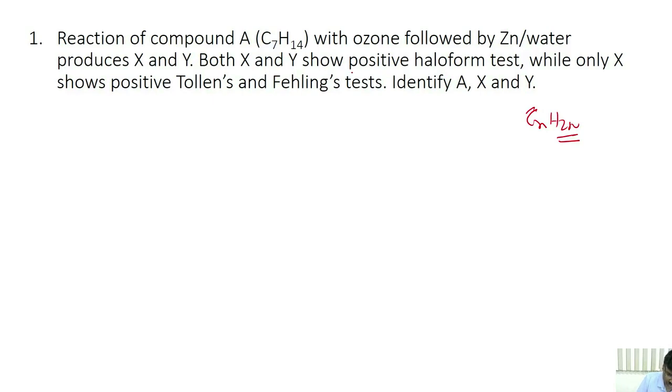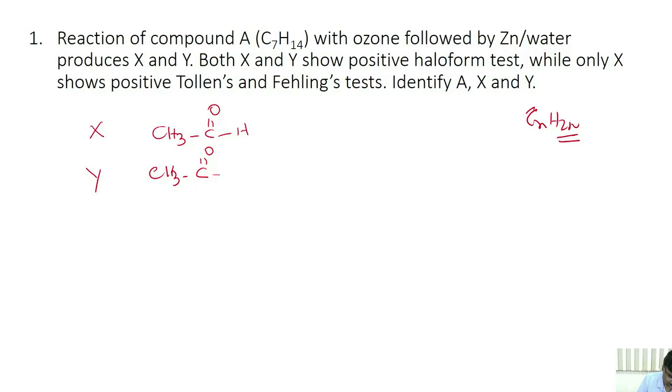Now let us look at the properties of the products. Both X and Y show positive haloform test. That means both compounds have a methyl group which is bonded with a carbonyl group. In addition, compound X shows positive Tollens and Fehling's test. That means it is an aldehyde. Once we know the structure of X, then we can try to write the structure of Y. Already we know that it has a methyl group which is bonded with a carbonyl group.